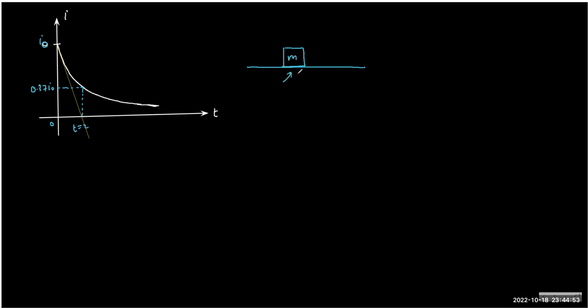is given a velocity v naught on a rough inclined surface where the coefficient of friction is a function of velocity. Think this way. Not function, it's proportional to velocity. Or you can say whatever, you can create some equivalent.